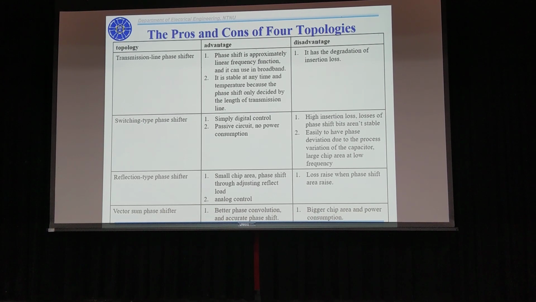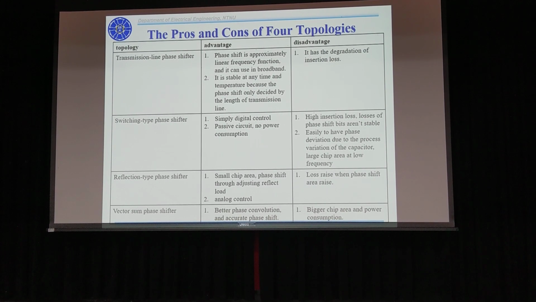The second is the switching type. It is a passive circuit, and the phase shift can be controlled by simplified digital controlling switches, but it has high insertion loss and easily has phase deviation due to the process variation of the capacitor.